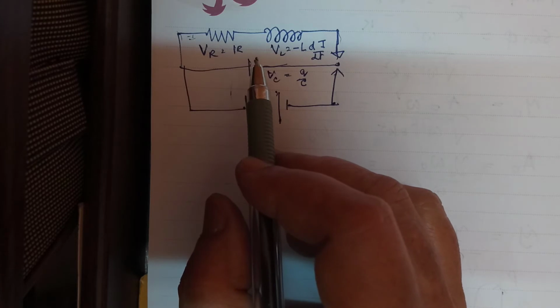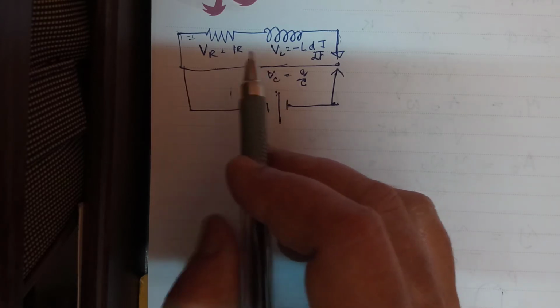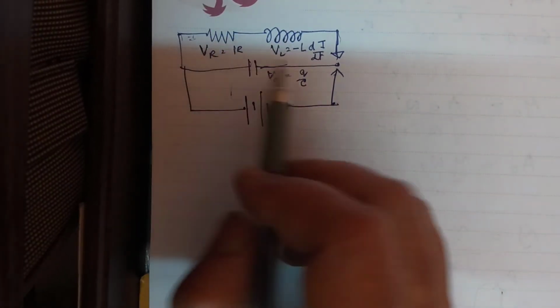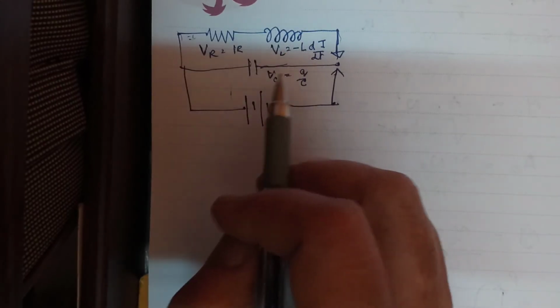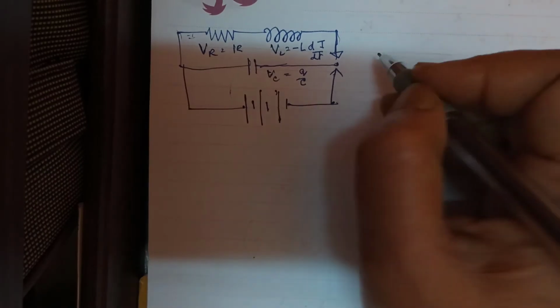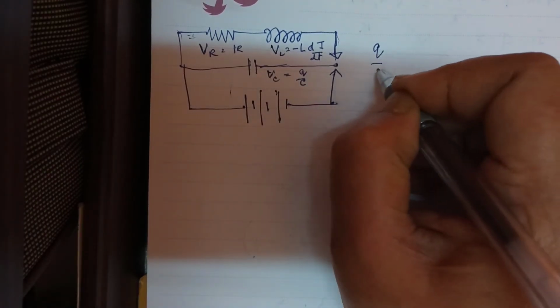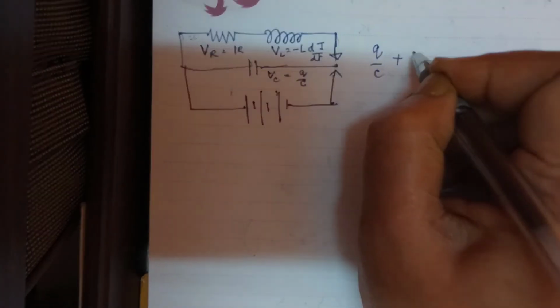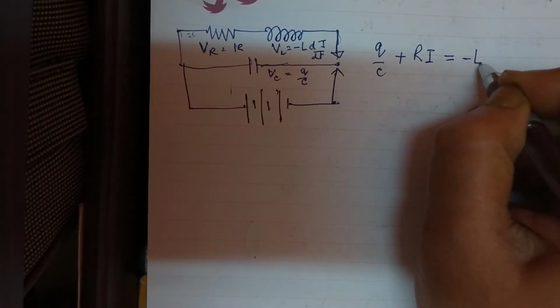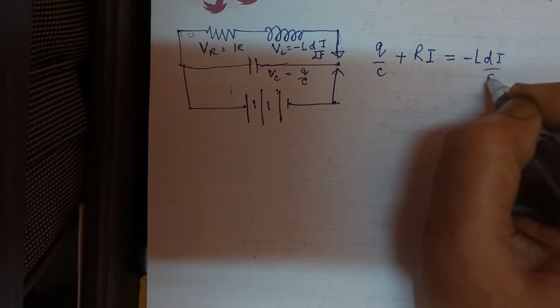If Q is the charge on the capacitor at any instant of time t, then these are the potential differences operational in various portions of the circuit. So we can say that Q by C plus Ri is equal to minus L dI/dt.